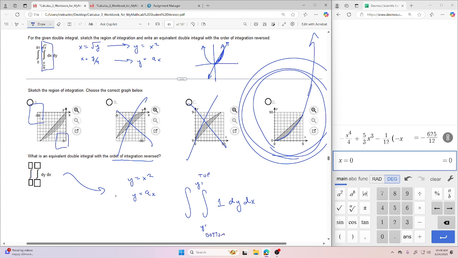So which of these two guys would go on the top? Be careful. 9x is on the top. Very good. And x squared would be on the bottom. The reason is that if you look at that line, the line's on top of the parabola. Let me try to zoom in. But the line is here, and then the parabola is on the bottom.